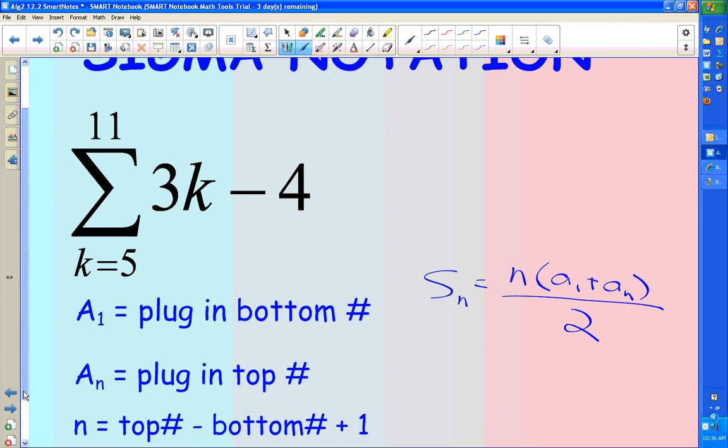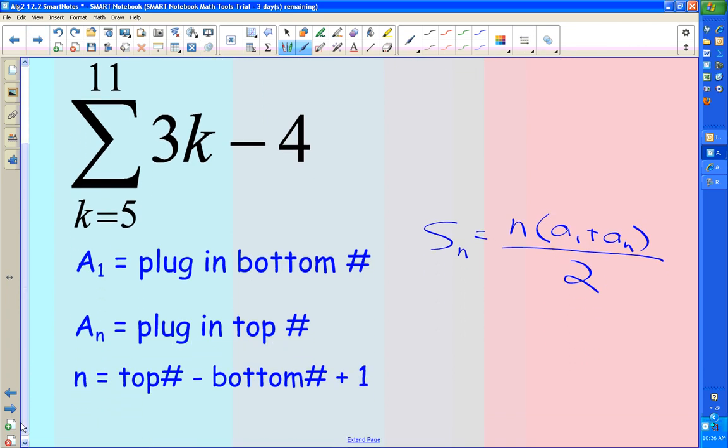Here's how you find the sigma. A sub 1: plug in the number on the bottom. You want to find a sub 1, plug in the bottom number. What's the bottom number on this sigma? 5. When I say plug it in, you're plugging it into your explicit formula right here.